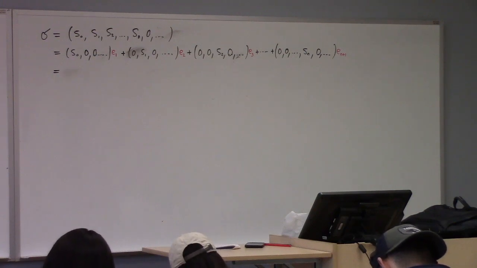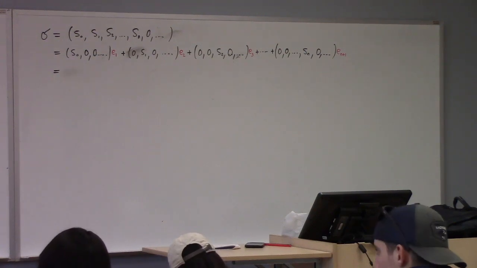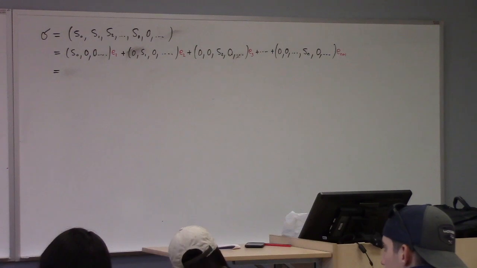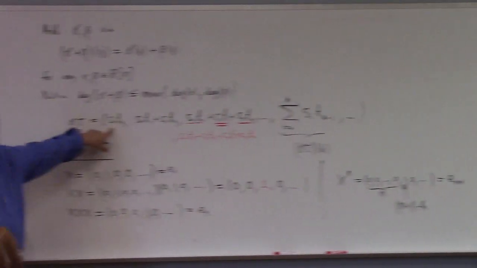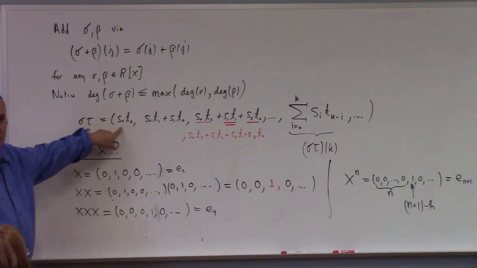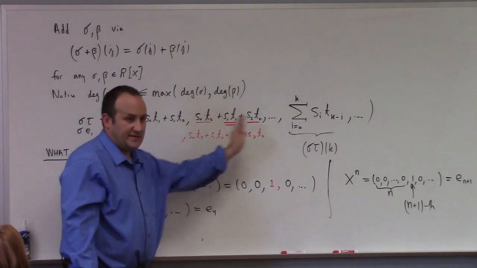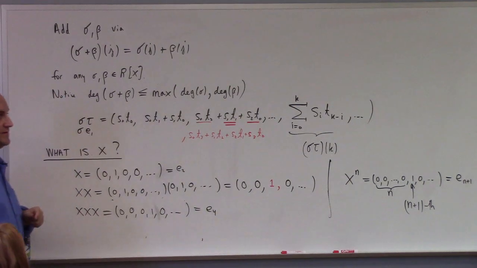That would just leave you with S0 T0, which is S0. Everything past here would be zeroed out, unless there was an S1 and a T0. But if the sigma only has the 0th component, then you just maintain that 0th component and everything stays 0 past here. So you can see that that's an identity.